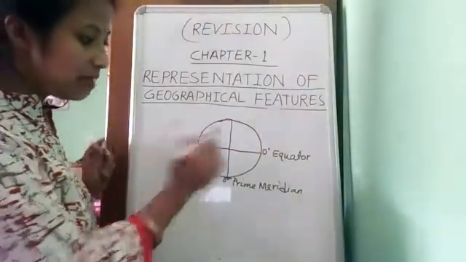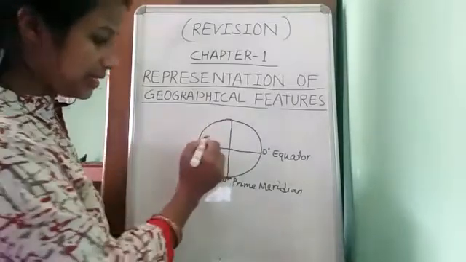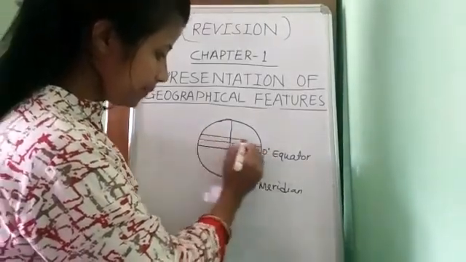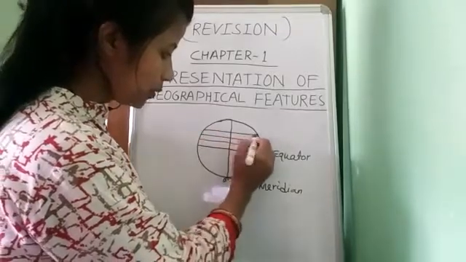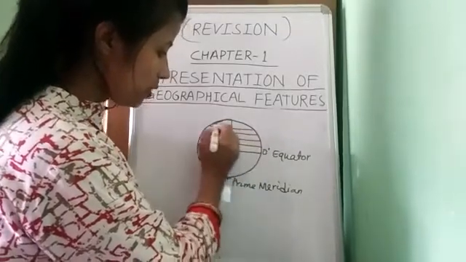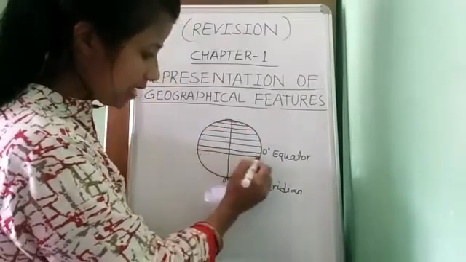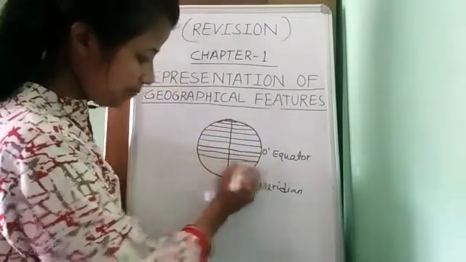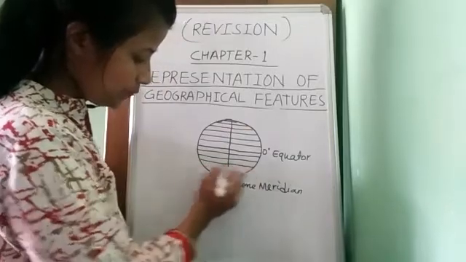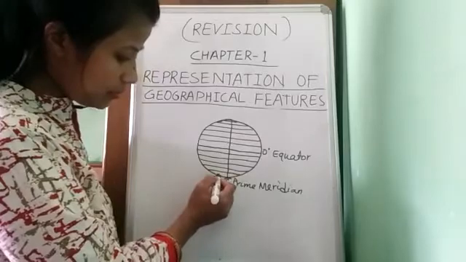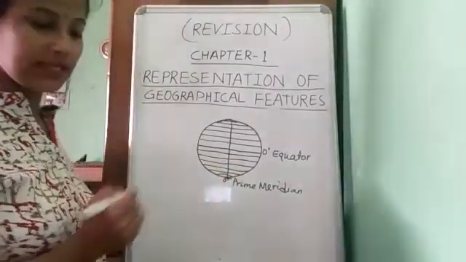Okay, there are many imaginary lines. In latitudes there are 180 lines of latitudes. They are imaginary lines, I have told you earlier. How many lines are there in latitudes? 180.